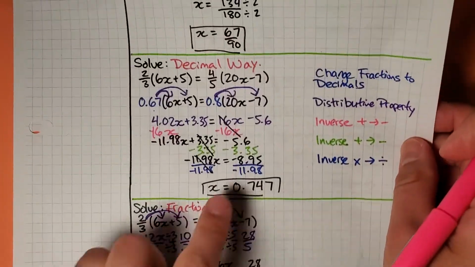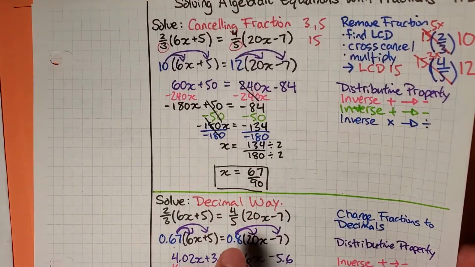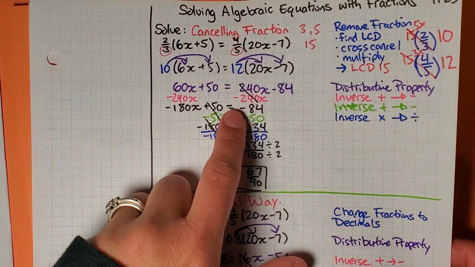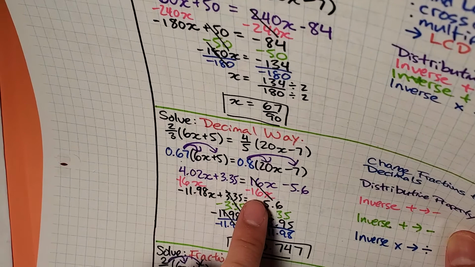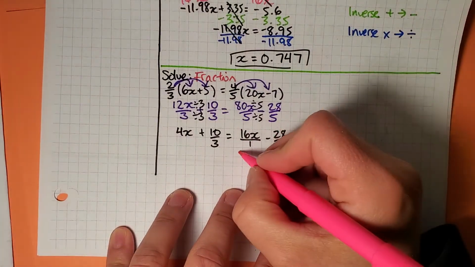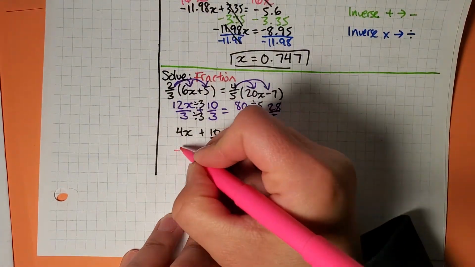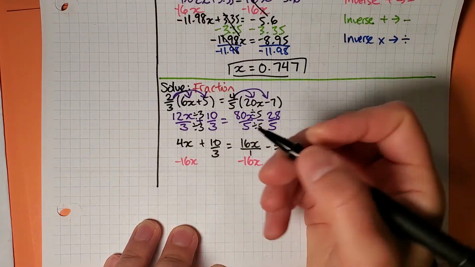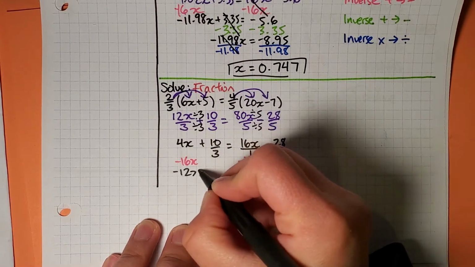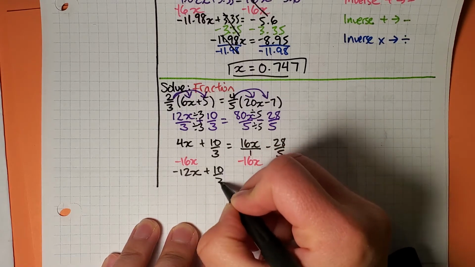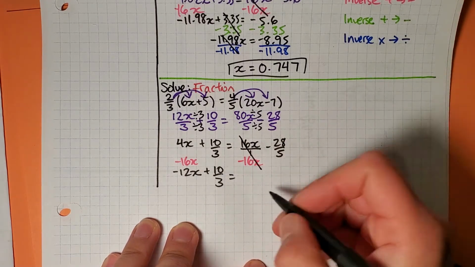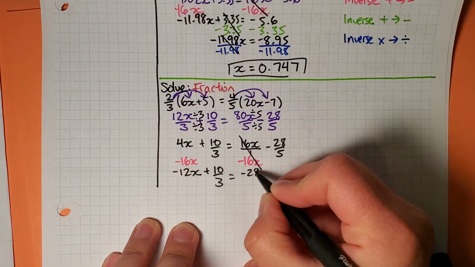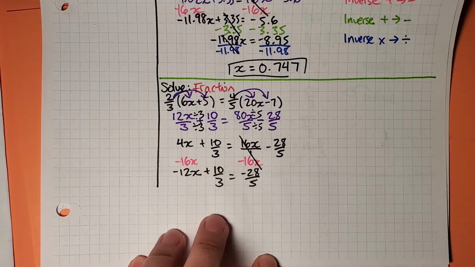Same as I did up here for sure. So I'll subtract 16x, same on this side, equals negative 12x plus 10 over 3 equals, that cancels out, left with negative 28 over 5.